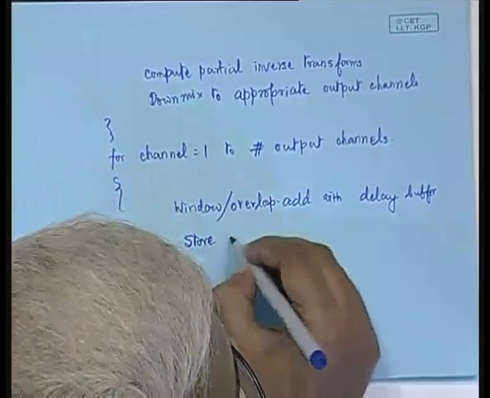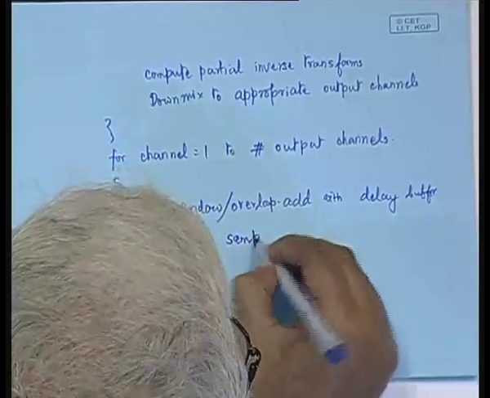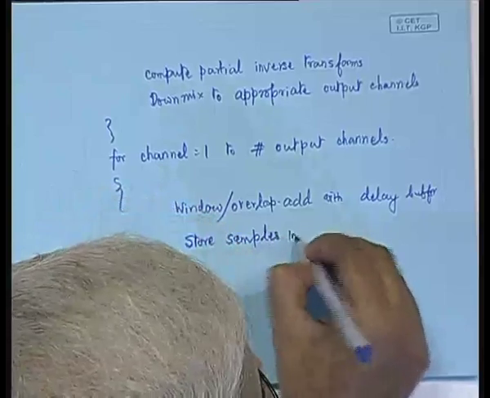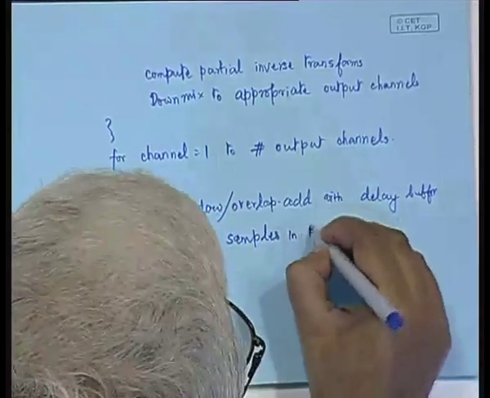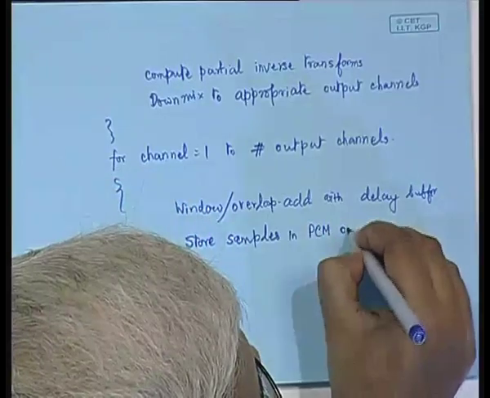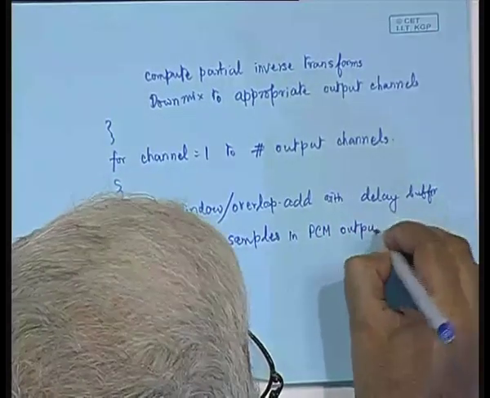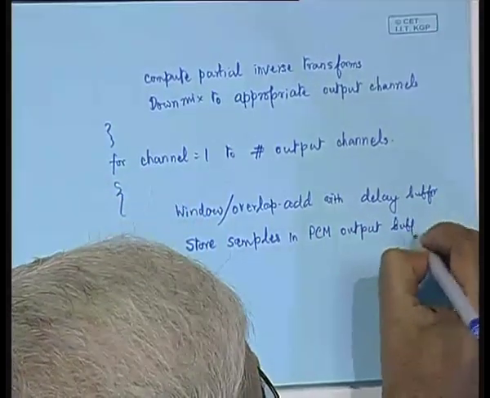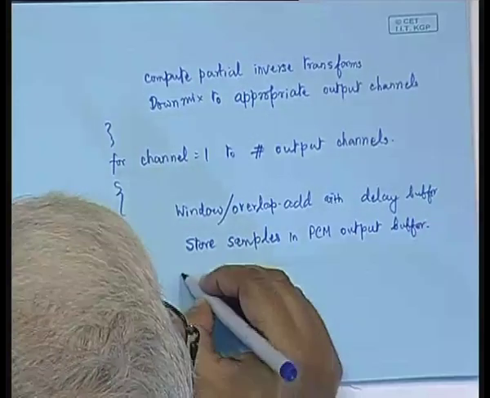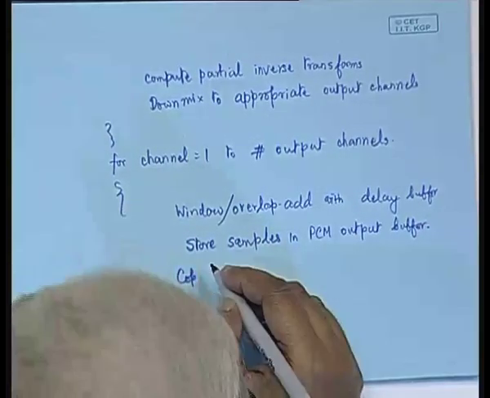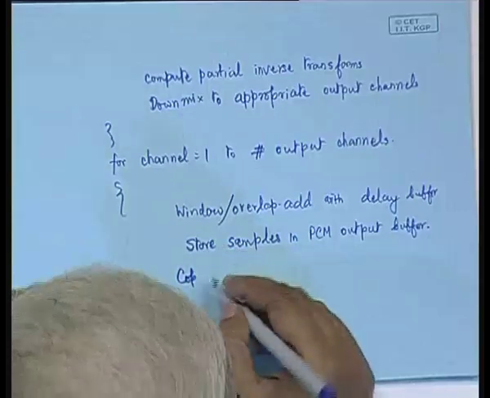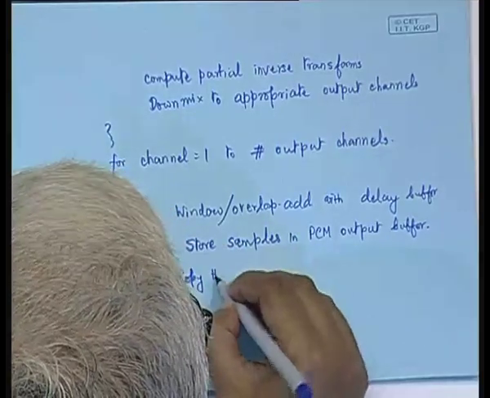So, store the samples in the PCM output buffer, and then copy the downmix buffer to the delay buffer.